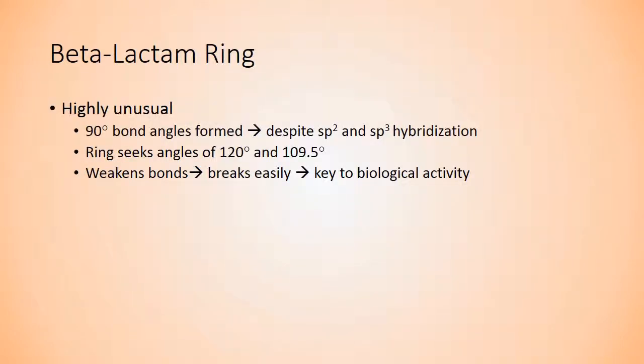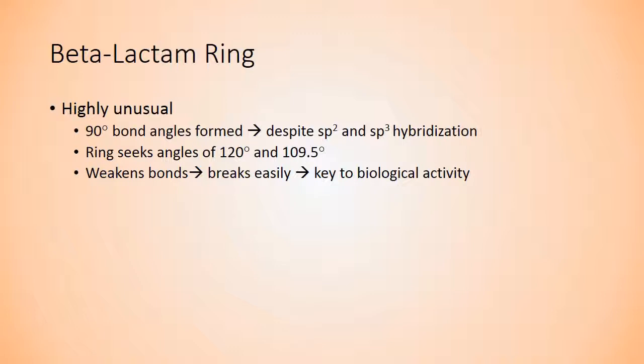This is a highly unusual situation to get atoms into, because it forms 90-degree bond angles, which is not very common in nature. If we look at the way either the cysteine or the valine interact with sp2 and sp3 hybridization, we would expect the rings to seek an angle of 120 or 109.5 degrees, but it doesn't.